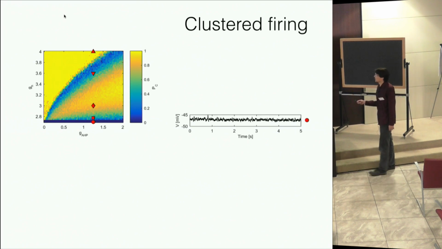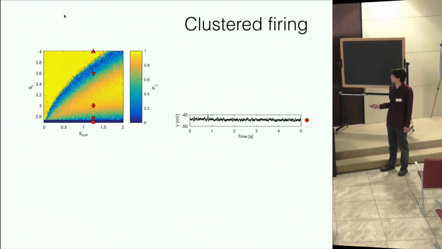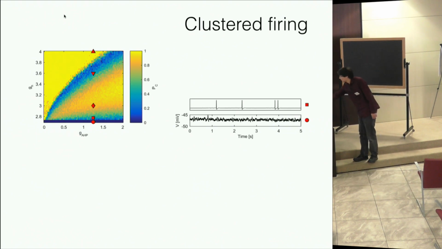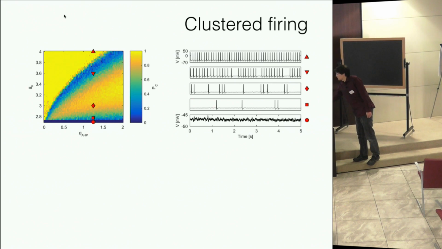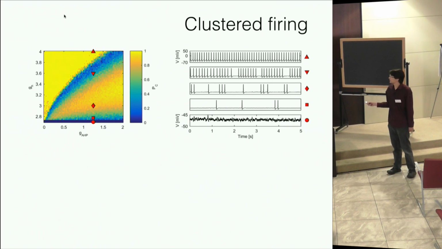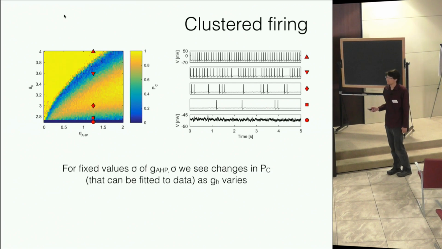You start with noisy subthreshold activity, and as you go up you start going into different things like here, and as you move up you see this one here looks like clustered firing, this one here looks like tonic firing that we saw at the ventral end, and this is basically just quiescent.